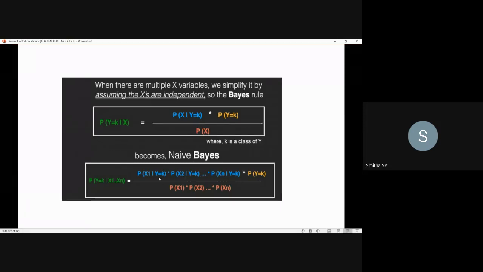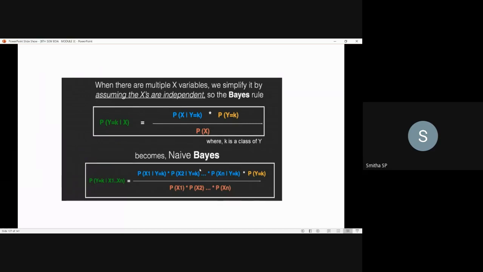You can observe in this formula that before, in the Bayes rule, you see only a single x, so a single feature is considered. But in the second formula, you can see x1, x2 up to xn. This is the condition where you have multiple x variables, which you consider independent variables. This is how you obtain naive Bayes from the Bayes rule, by making these x variables independent.